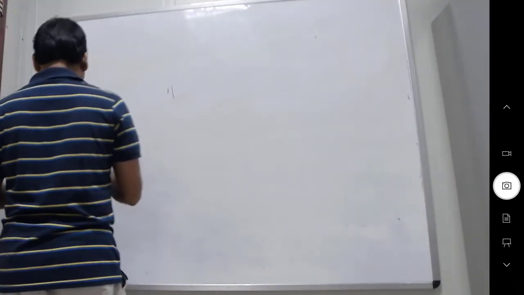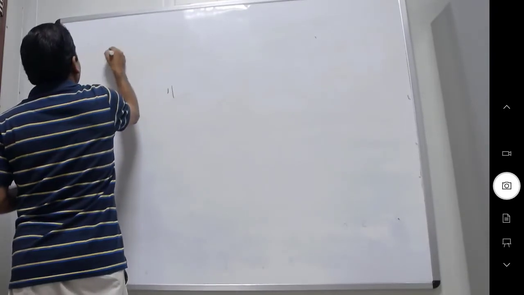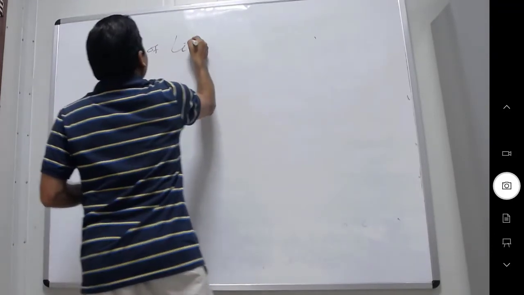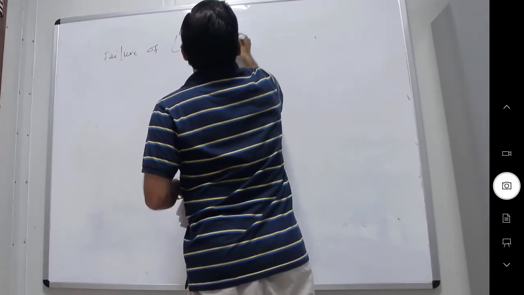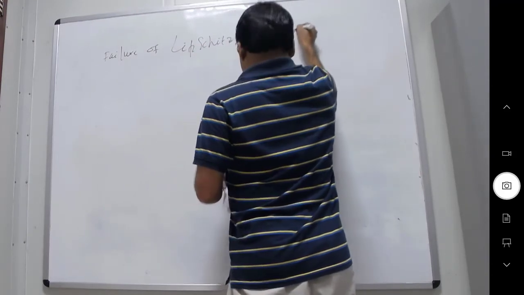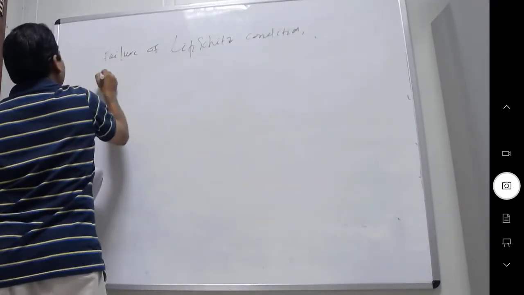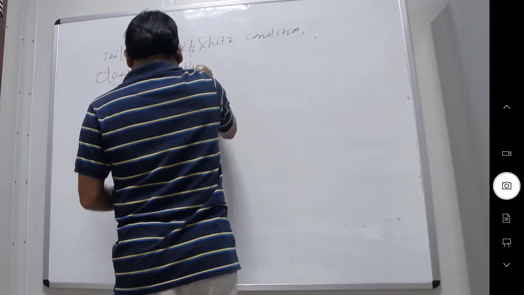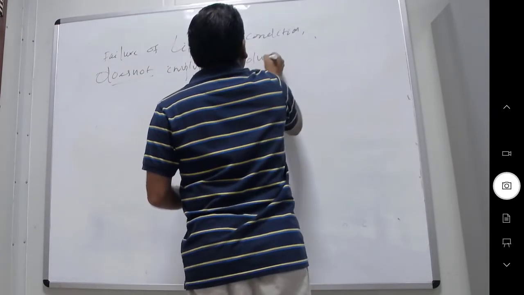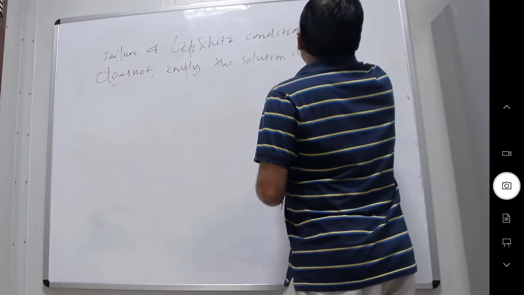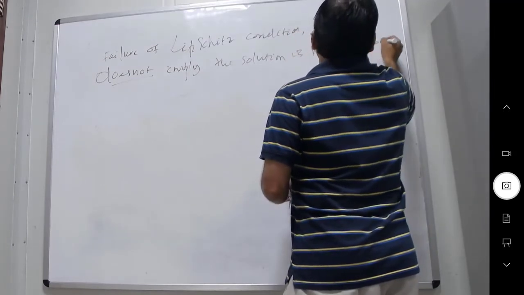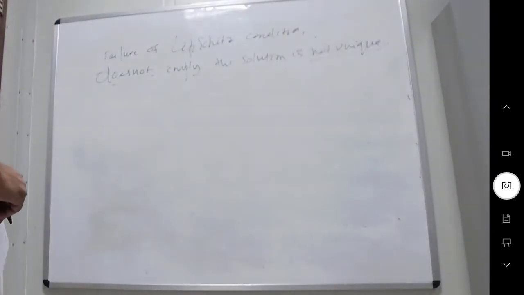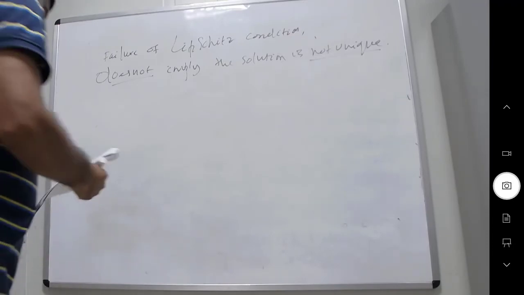However, failure of the Lipschitz condition does not imply the solution is not unique. If the Lipschitz condition had been satisfied, at least you could tell that in that interval the solution is unique, but it is not satisfying.